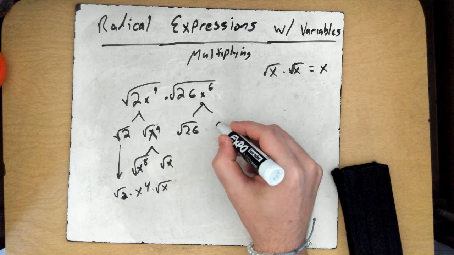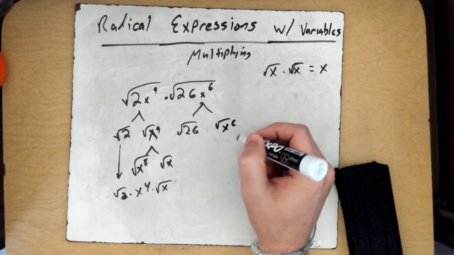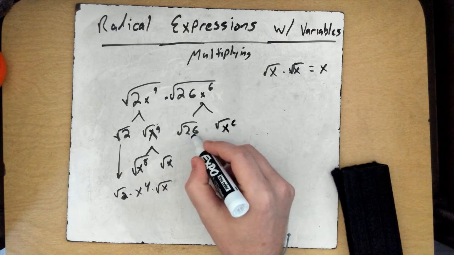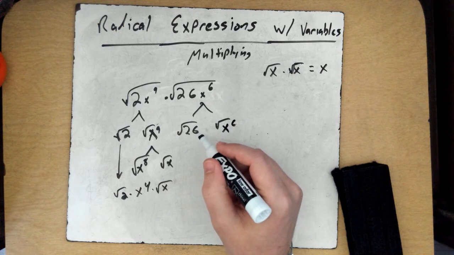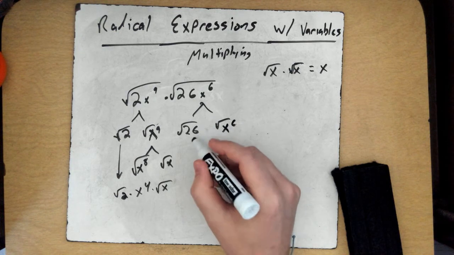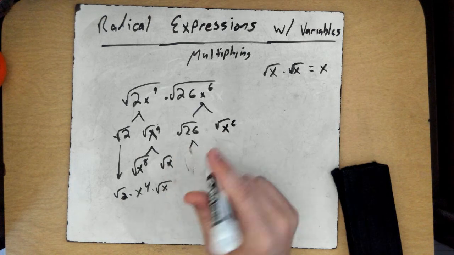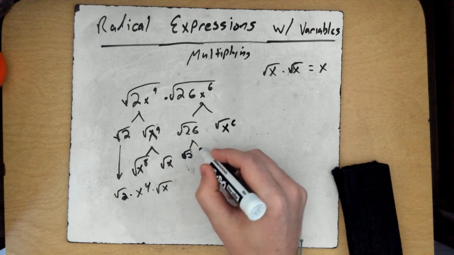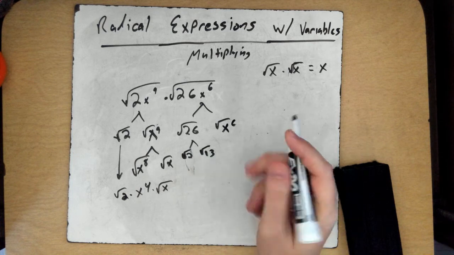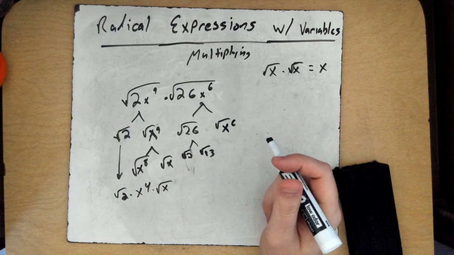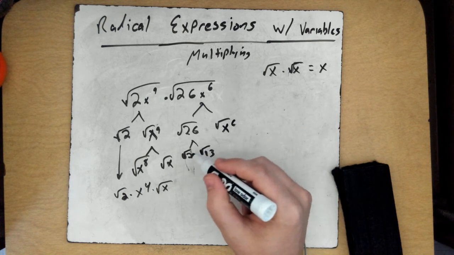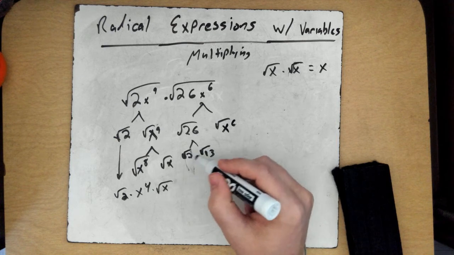Numbers. Letters. Okay. 26. Two numbers to multiply to get 26, your options are 2, square root of 2, and the square root of 13. Can't do anything more with that. Okay, you can't break either of those numbers down.